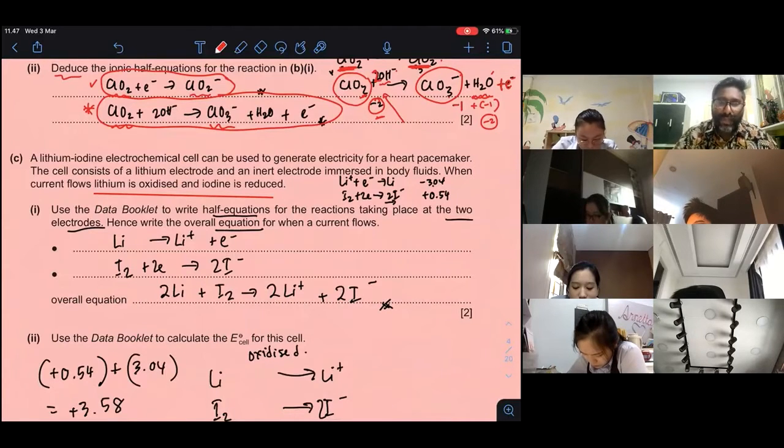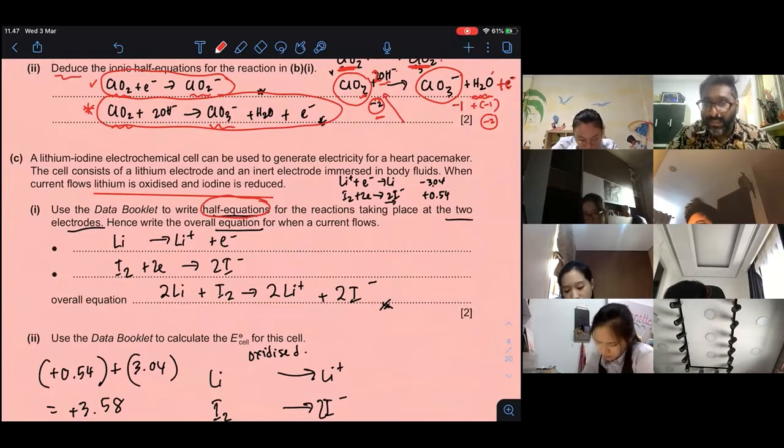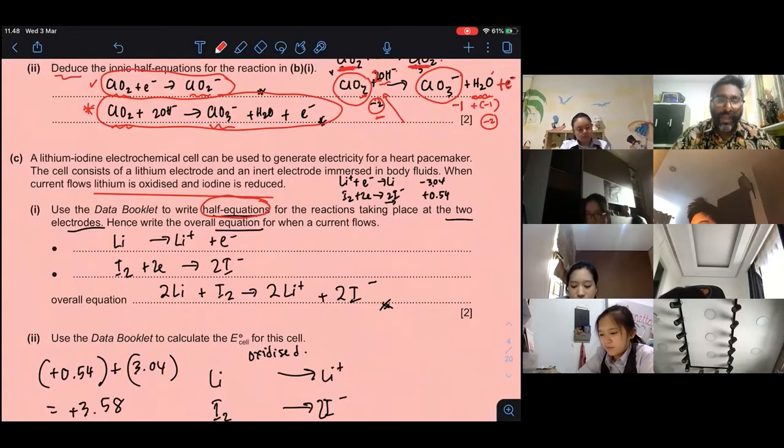So they mention half equations. Don't go and write standard reduction potential. It means you need to tell which one is oxidized, which one is reduced also. You need to adjust accordingly. So hence write the overall equation. I know now they say lithium is oxidized.